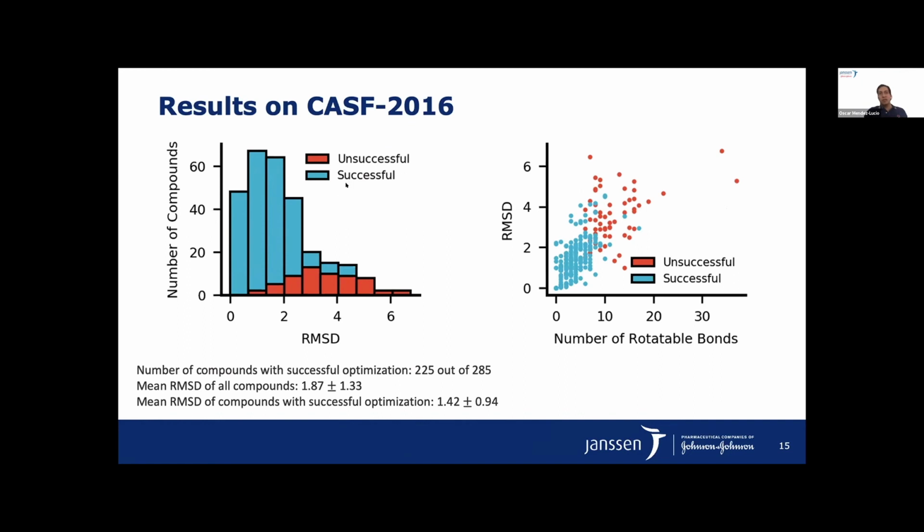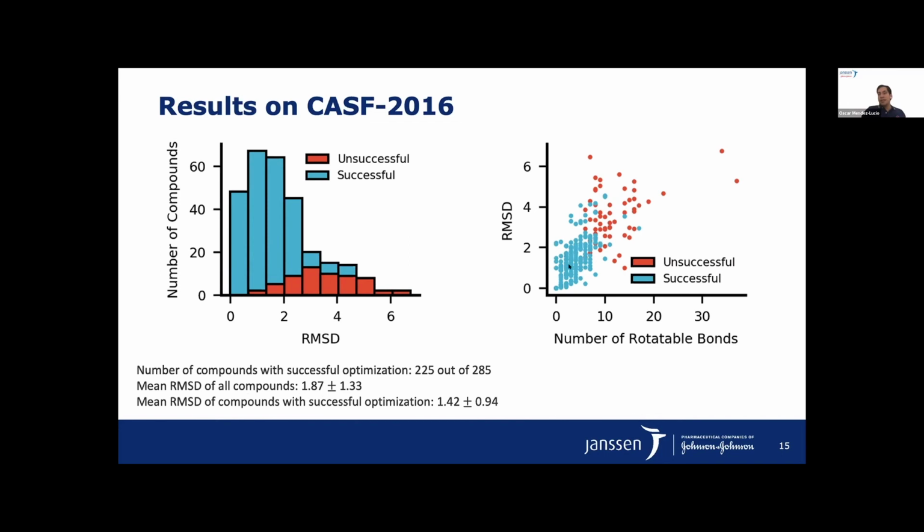When I say successful, it's that the optimization finished successfully, and unsuccessful means the optimization didn't finish with the parameters we use. So 225 out of the 285 finished completely, with a mean RMSD of 1.87, which is, I would say, quite acceptable.